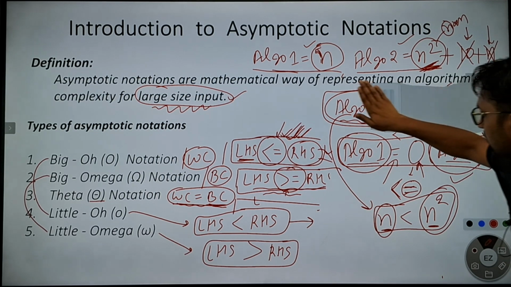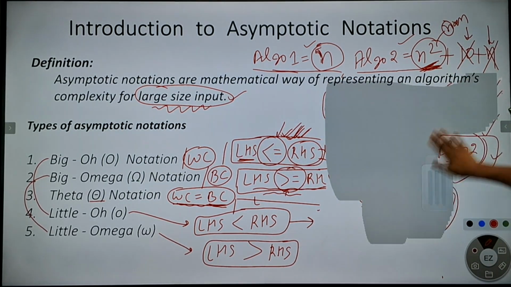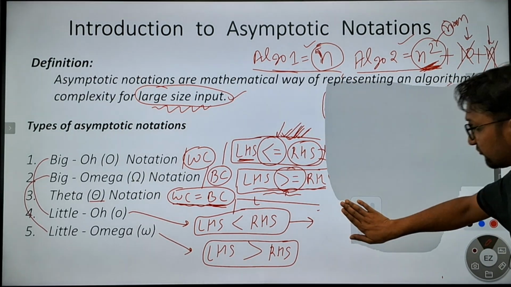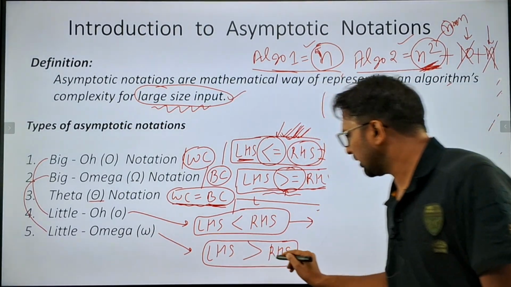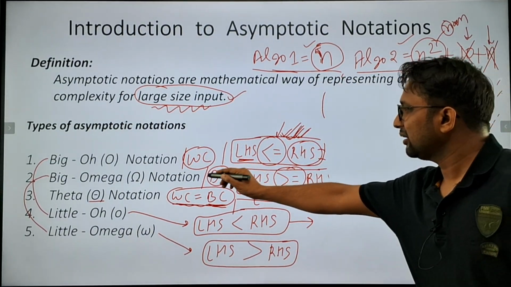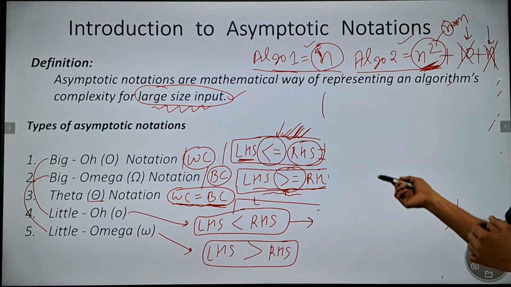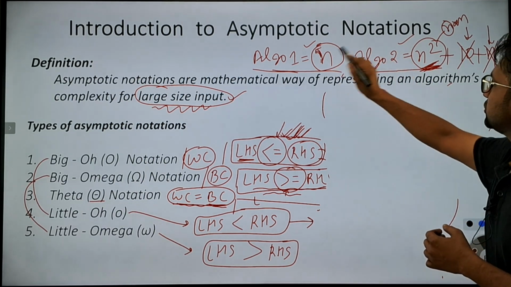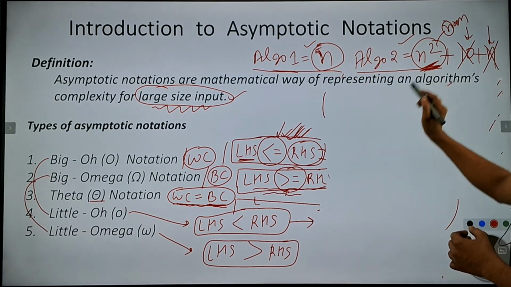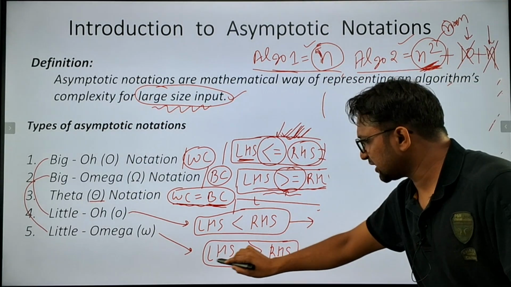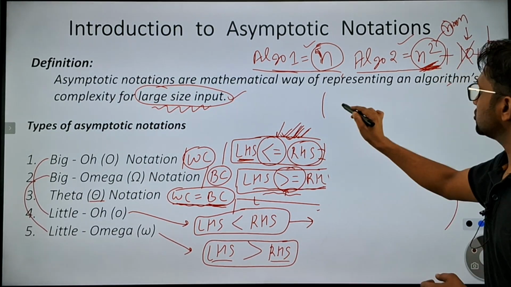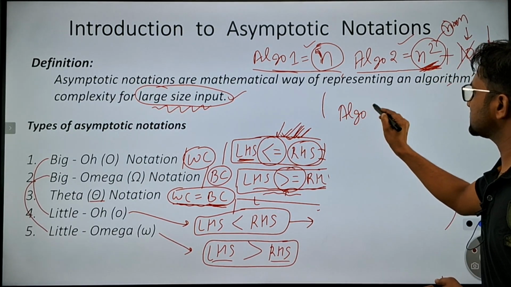We will practice more questions on this, but let me go through the last notation first, that is the little omega. That is the same as the big omega notation. If I want to show the relationship between algorithm 1 and algorithm 2, I can write like this. Here left hand side should be greater than right hand side, so let me put the bigger one on the left hand side.